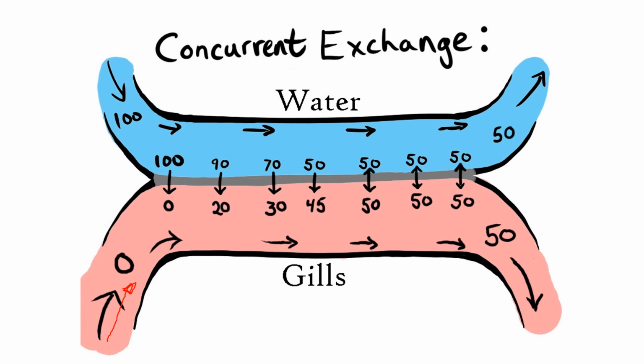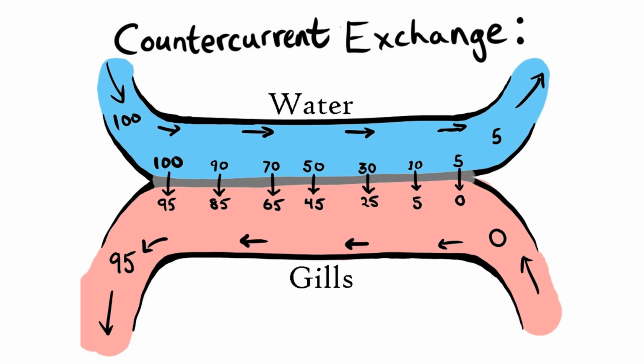If you pass blood in a concurrent exchange, what you would find is that it would ultimately reach a 50-50, right? It would exchange up to half, and then it would stop exchanging because there would be no gradient. So it would exchange until the pressure of oxygen in the water going by was the same as the pressure of oxygen in the blood going by. And you saturate that at about 50%.